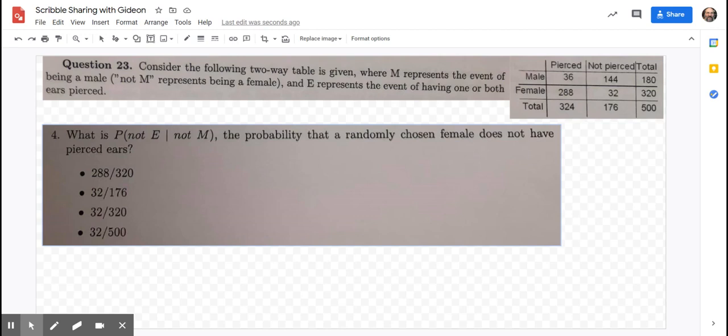Maybe I should write that out in pseudo language, or maybe I just need to use my symbol knowledge finally, right? My symbolic knowledge tells me that I simply should take the probability of the intersection, right? Conditional probability is always the intersection, the and, divided by the condition.